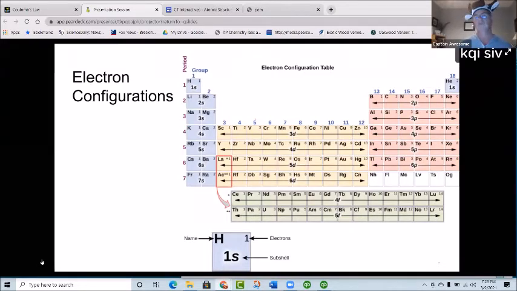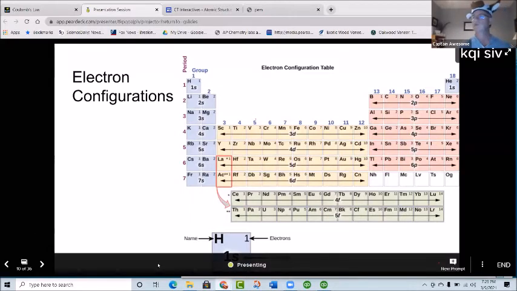So for polonium, that would be the 6s electrons and the 6p electrons, because that's the 6th energy level. We don't include the 5d because the valence shell is the electrons in the outermost energy level. So if we were going to do the valence electron configuration for polonium, we would only include the 6s ones and the 6p ones. All right, so make sure you're reading the question to know what's going on.